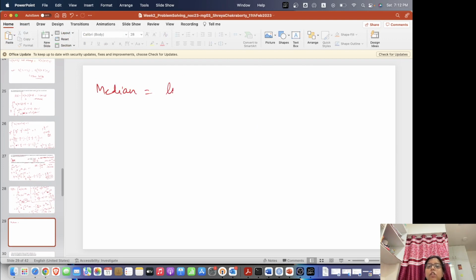Median of an exponential distribution is ln2 by lambda. So here our lambda is 3, so median time will be ln2 by 3. Ln means log with base e, not 10, okay? So this will be something like 0.23, the answer.